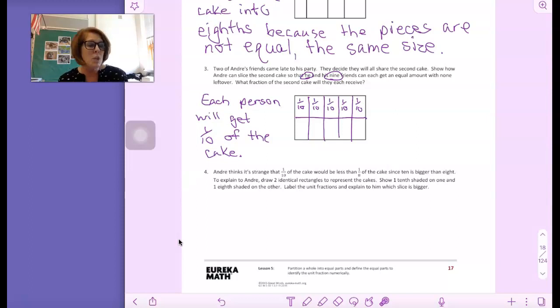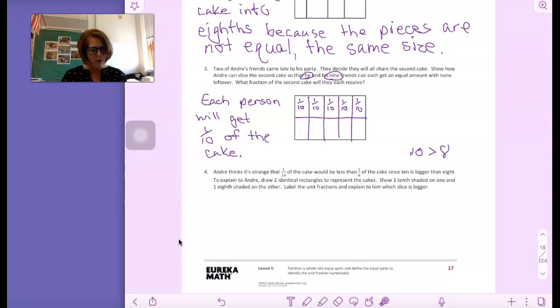Now, in number 4, we're going to start comparing these fractions. Andre thinks it's strange that 1/10 of the cake would be less than 1/8 of the cake since 10 is bigger than 8, right? When we look at whole numbers, we always say 10 is greater than 8, right? I want 10 cookies, not 8 cookies.